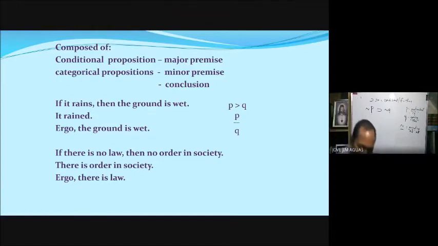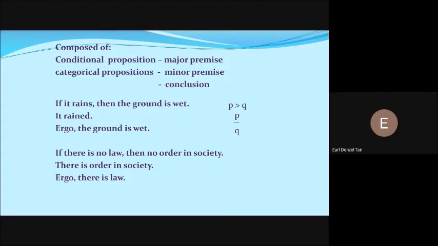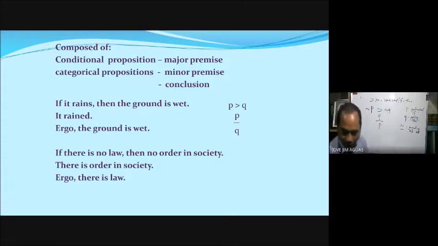Remember, Q is the order in society, so you write Q here. And the conclusion is, ergo, there is law, P. So this is the schema of this syllogism.